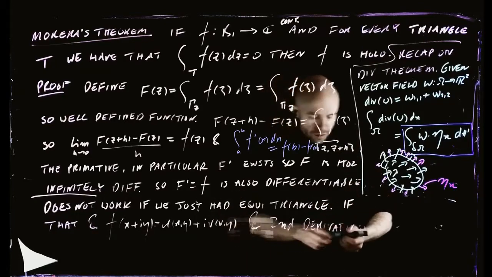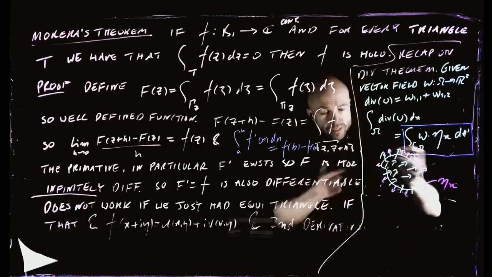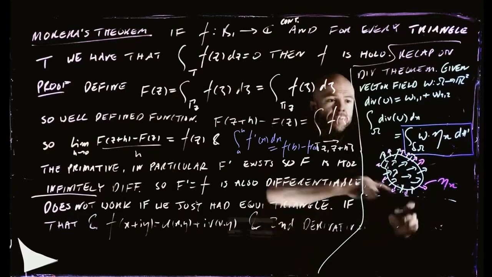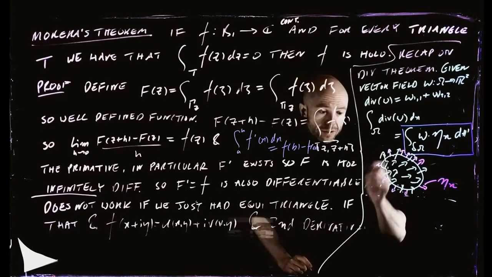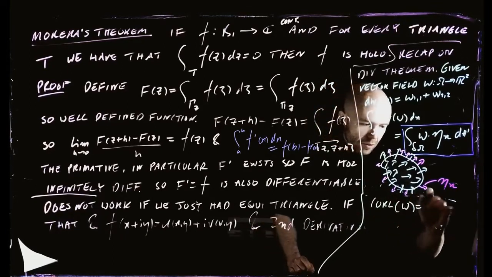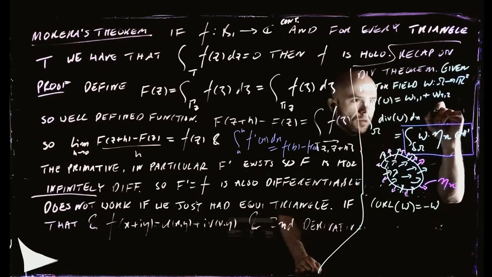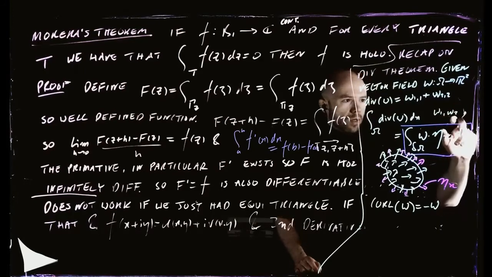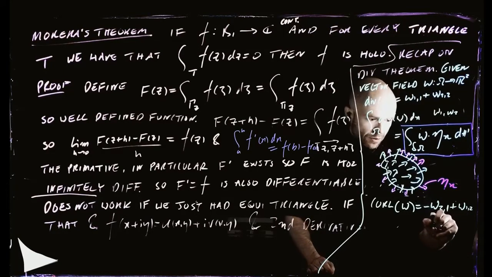Cool. So Stokes' theorem, at least in the plane, is very similar, except that now we're going to integrate not with the normal but with the tangent. If we do that, then this is Stokes' theorem. The curl of a vector field W is minus d_2 W1 plus d_1 W2.